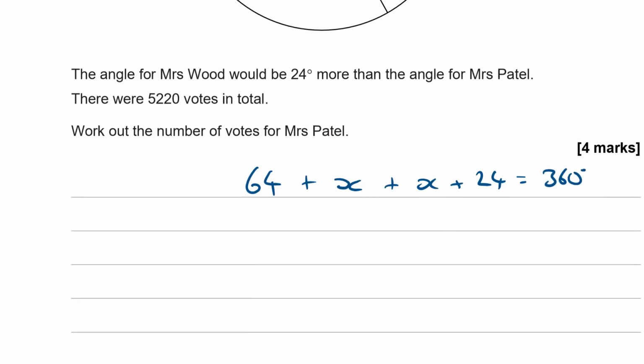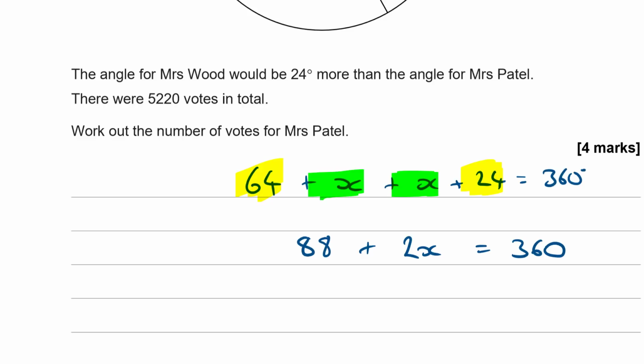Then collecting like terms, I've got a number 64 and 24, and I've got an X and an X. So adding like with like, 64 and 24 gives me 88, plus 2x is equal to 360 degrees. So subtracting 88 from both sides, that's going to leave me with 2x is equal to 360 subtract 88.